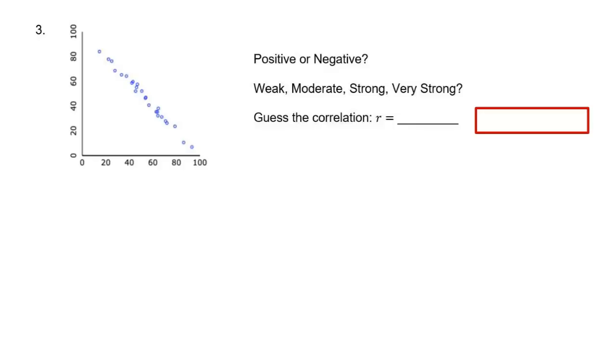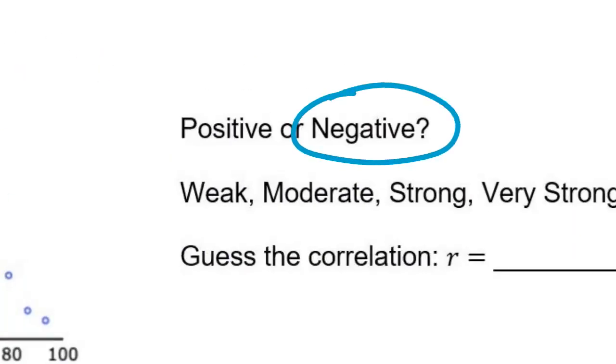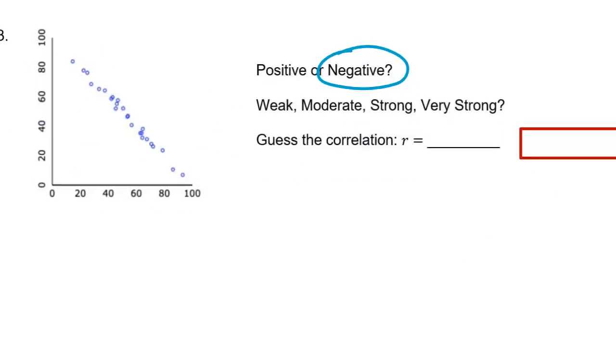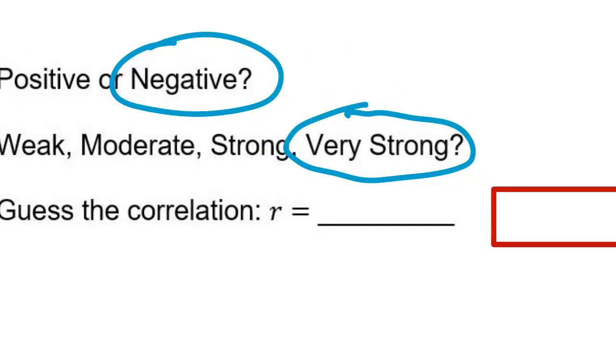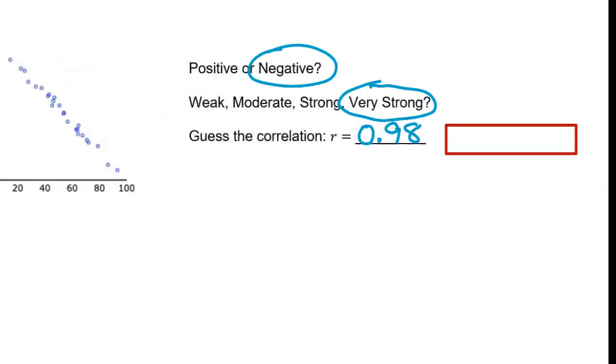All right. Positive or negative? Negative. Weak, moderate, strong, or very strong? Very strong. What's our best guess for an R value here? I heard 0.98 first. I'm going with the first thing I heard.